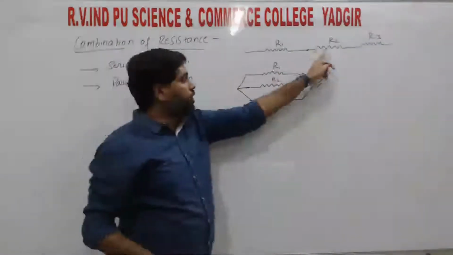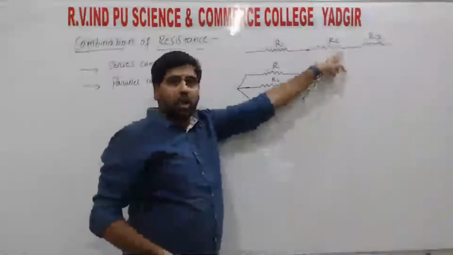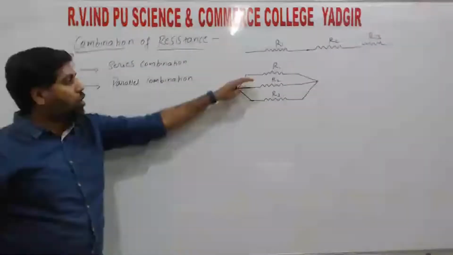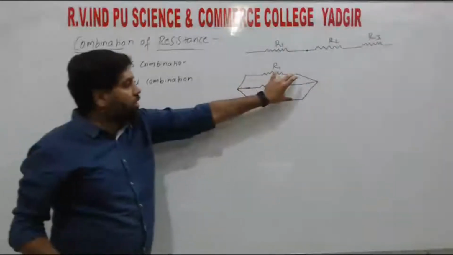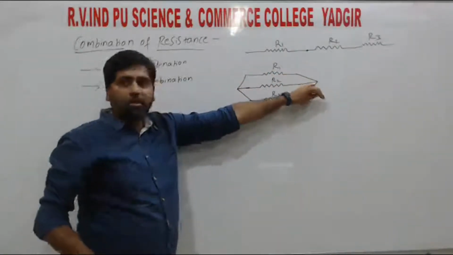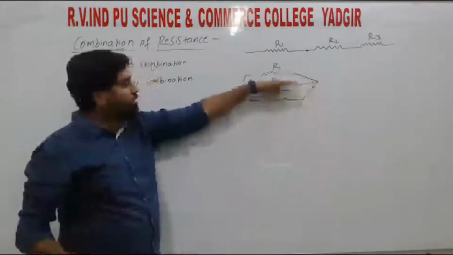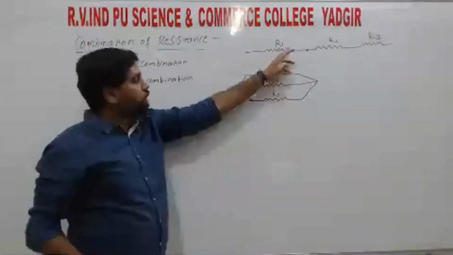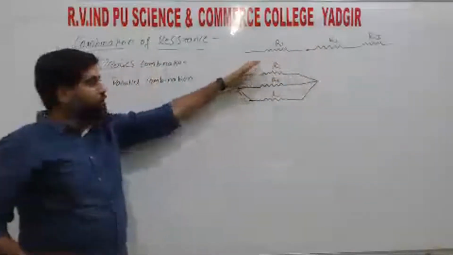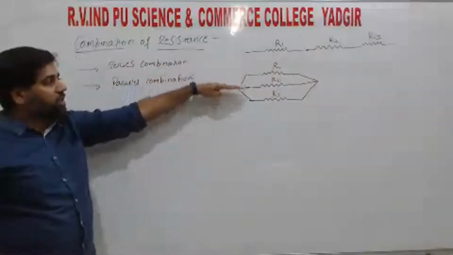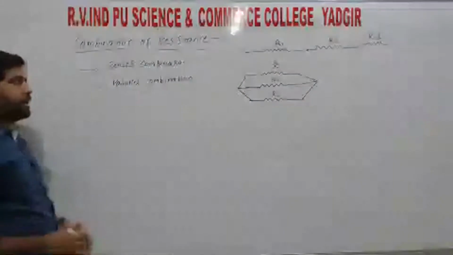So in series only one end is connected with another resistor, whereas in parallel, one end of all three resistors is connected to one point and the other end is connected to another point. So here R1, R2, R3 are three different resistors which are connected along series and across parallel, right?